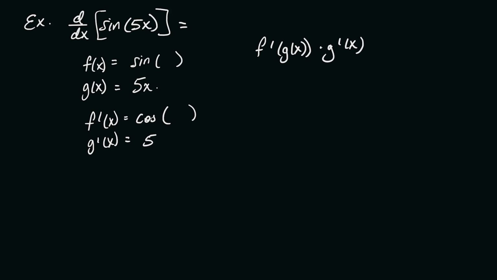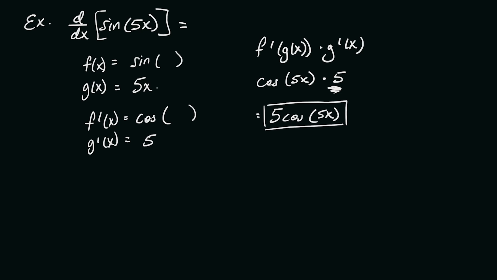So that's just going to be equal to the cosine of 5x times 5. And we can reorder these terms to make it look better by just moving 5 to the front here. So it will equal 5 times cosine of 5x. There you go. That is the answer to this problem here.